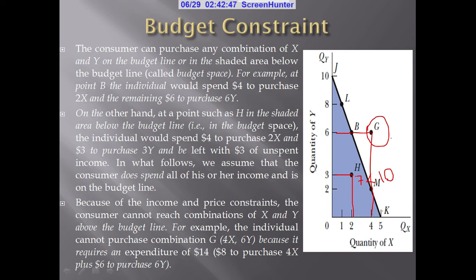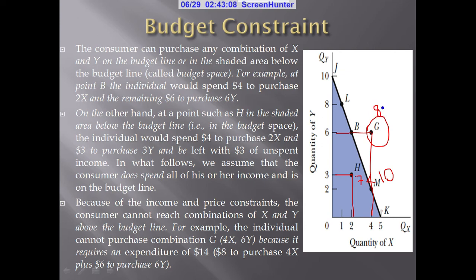In order to consume this bundle, the individual must have a total outlay on Y of 6 multiplied by 1, $6, and the total amount required to purchase 4 units of commodity X is 4 into 2, 8. 8 plus 6 is equal to 14.